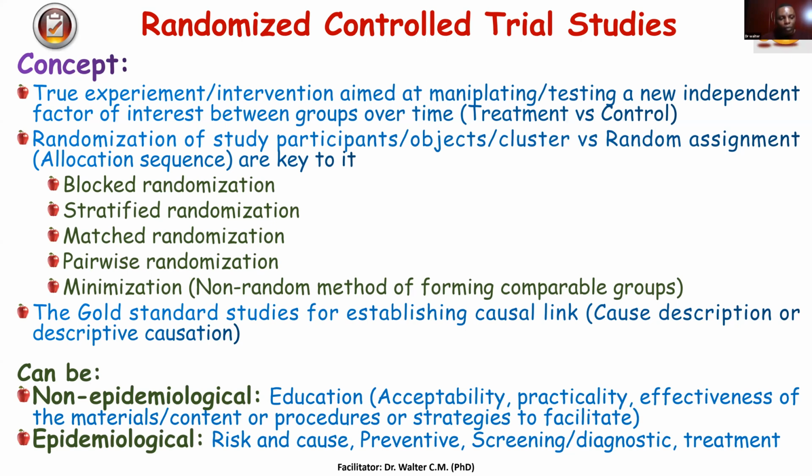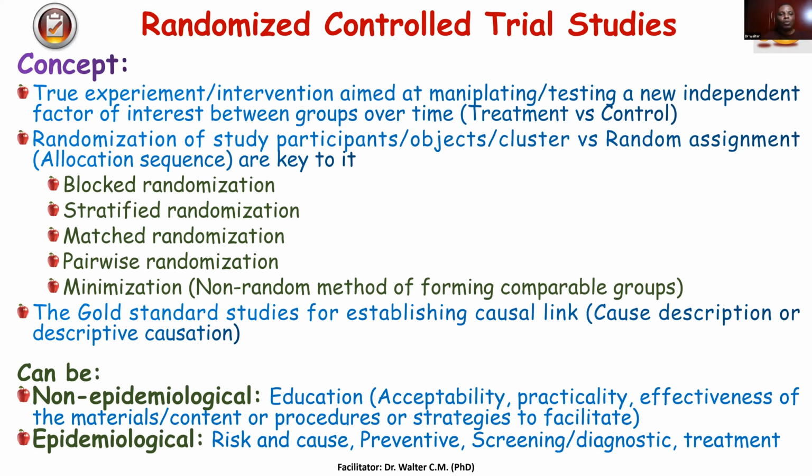And then you can do a randomized controlled trial as a preventive randomized controlled trial. So you test something to prevent the occurrence of the problem. But you can do a screening randomized controlled trial or diagnostic randomized controlled trial. And you can also do treatment, where you test drugs, whichever. And then sometimes you can engage yourself in doing a rehabilitative randomized controlled trial, in which you are dealing with the people who have already been affected by the problem of interest.